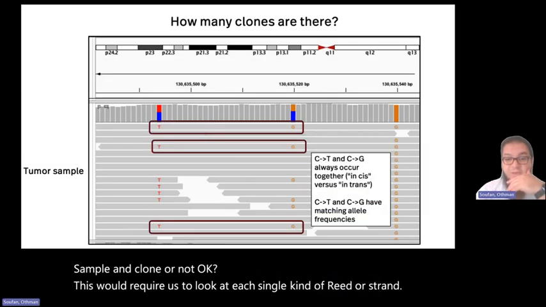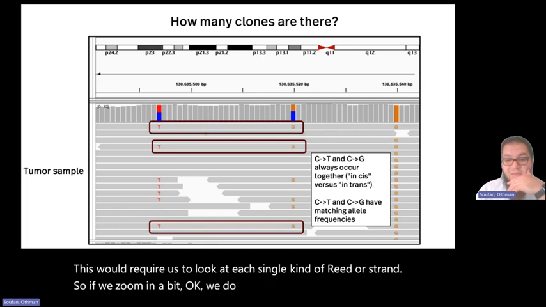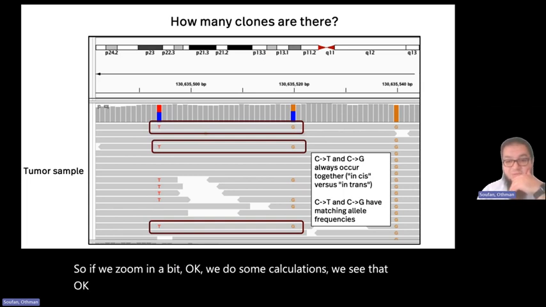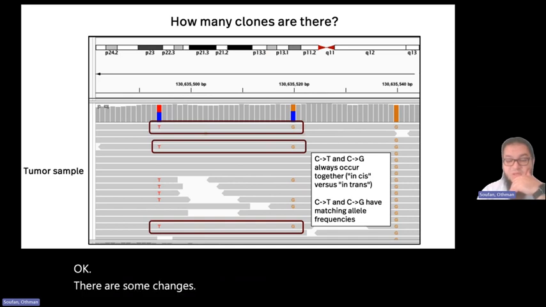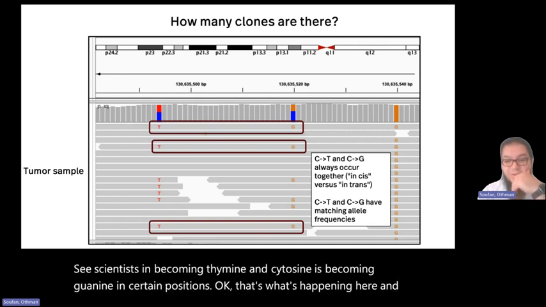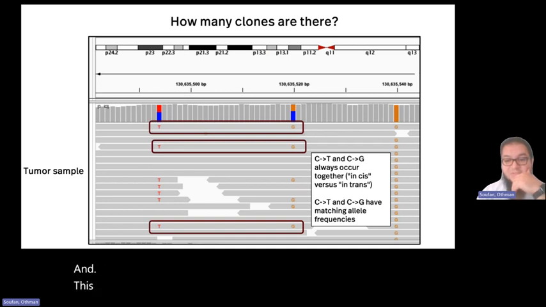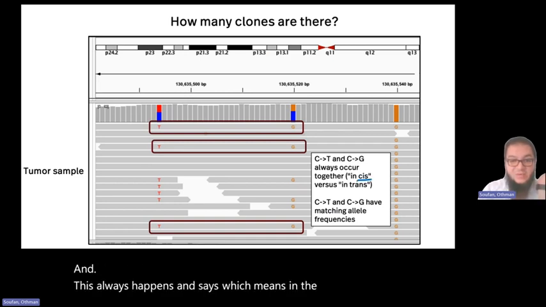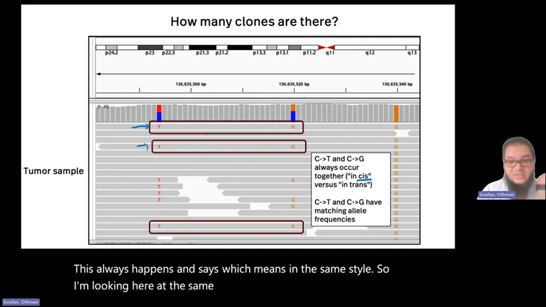So if we zoom in a bit and do some calculations, we see that there are some changes. See, cytosine is becoming thymine and cytosine is becoming guanine in certain positions. That's what's happening here. And this always happens in cis, which means in the same strand. So I'm looking here at the same strand, right? You can see the same strands, we find the same changes.